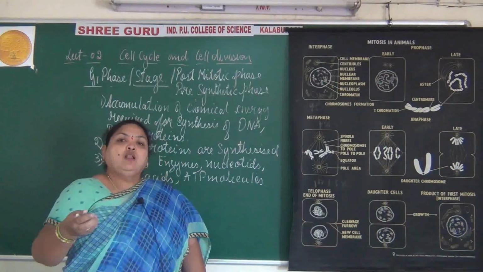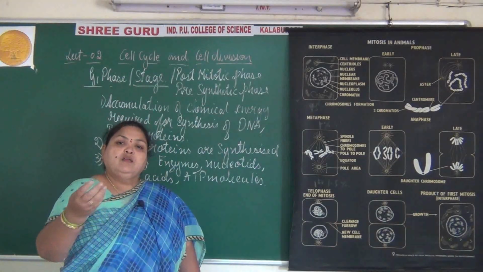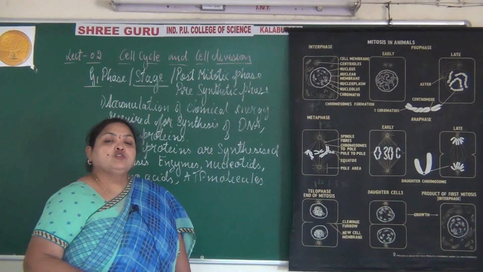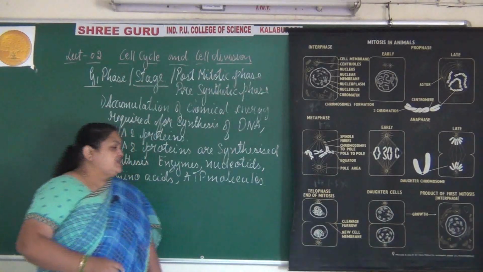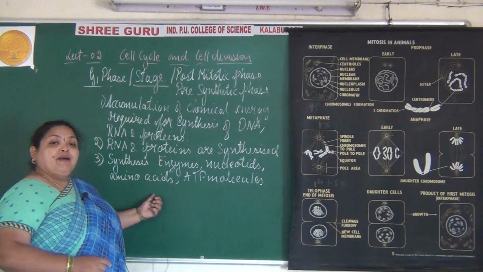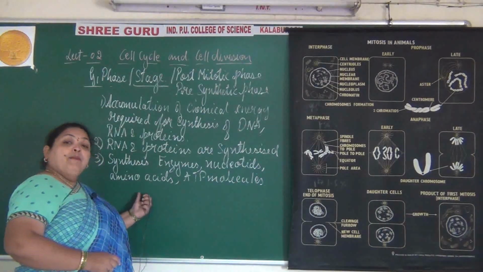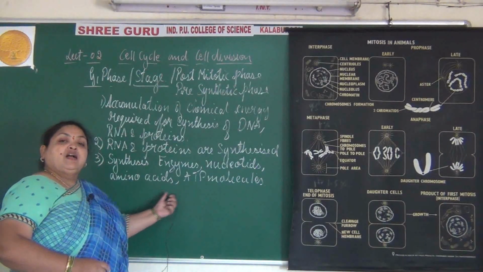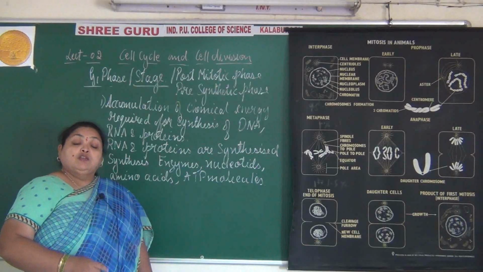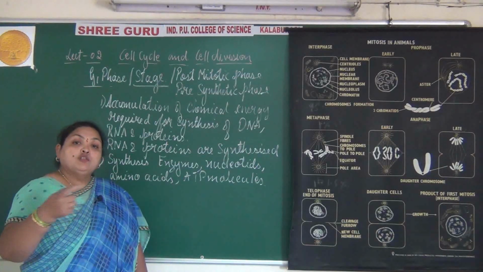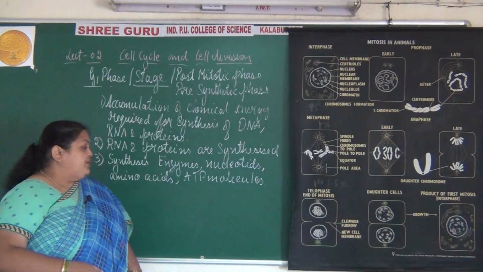So all those units of the nucleic acids are also synthesized during this process, along with amino acids. Amino acids are the components of proteins, so these amino acids also help in the synthesis of proteins.